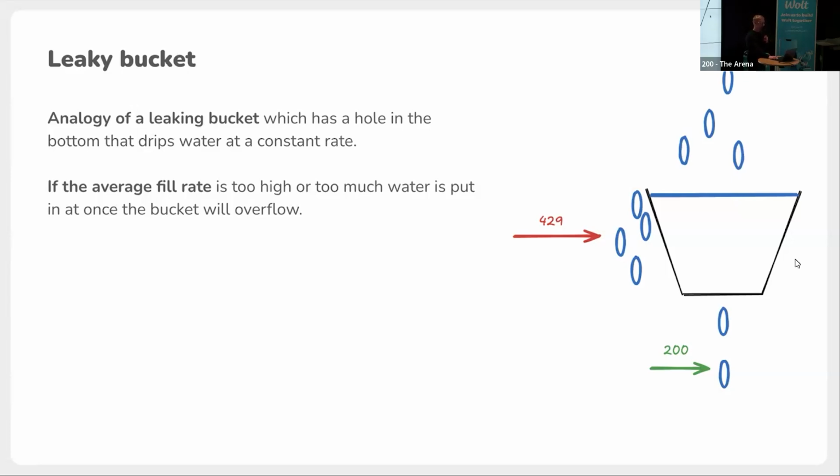In practice though, you're not supposed to stop the traffic or dictate that it's going at a certain rate, but you want to keep track of how many drops of water you would have in the imaginary bucket, and then detect that okay, now we're actually going overboard.